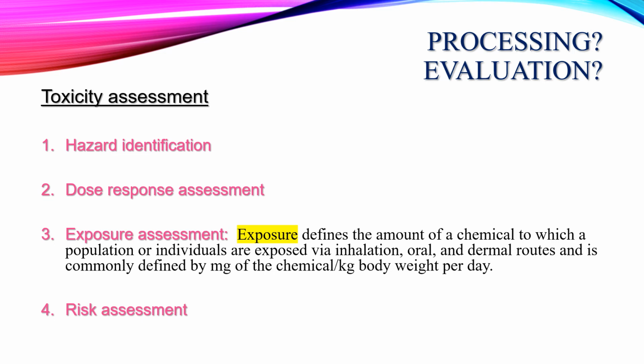Next is animal bioassay. We can also do an animal bioassay of that chemical to get hazard identification. And now there is also prediction of hazards by in silico methods, which is structure activity relationship. It also works for hazard identification.